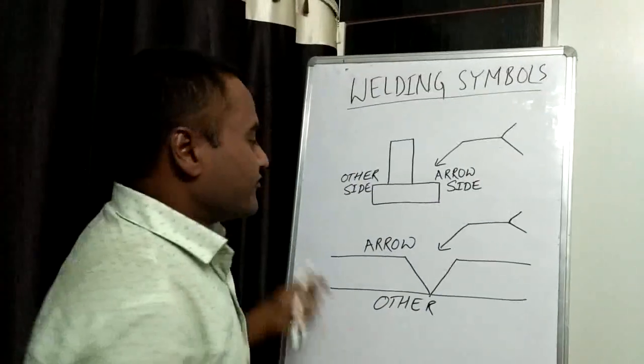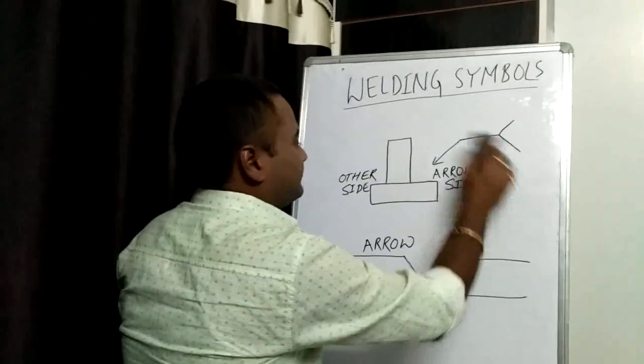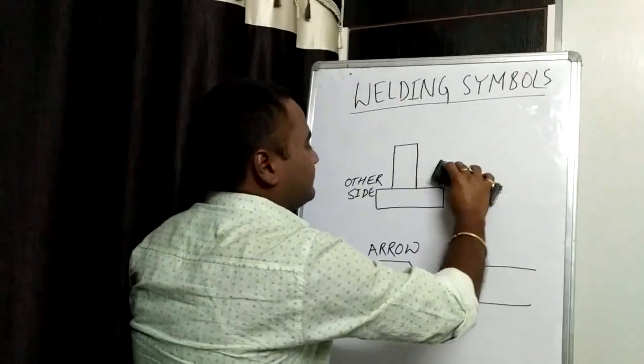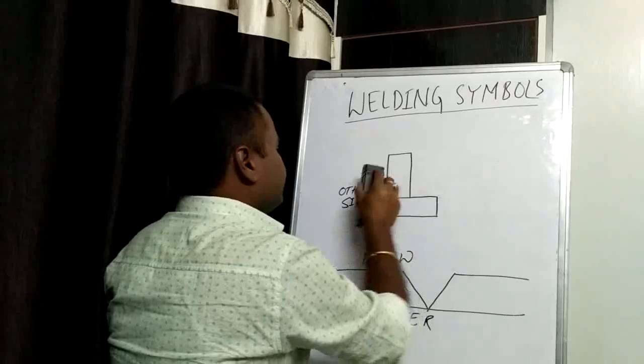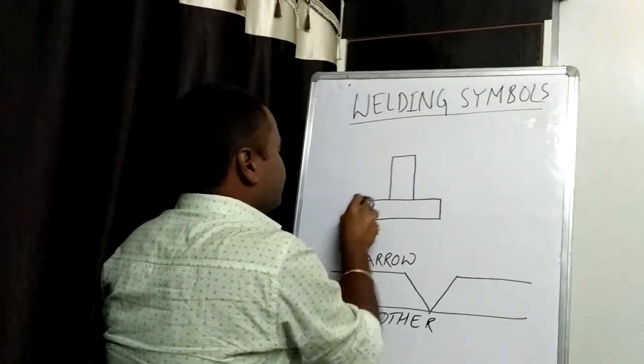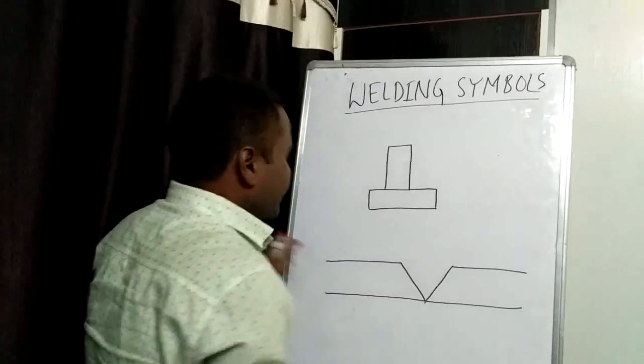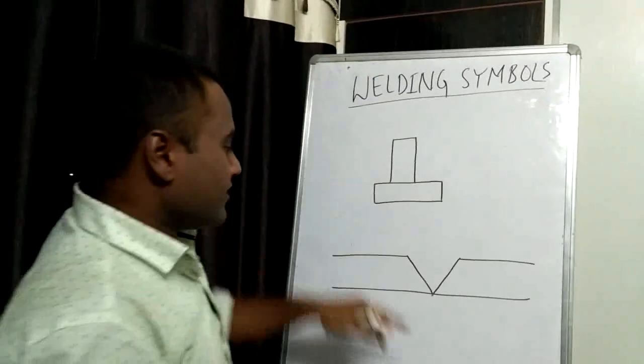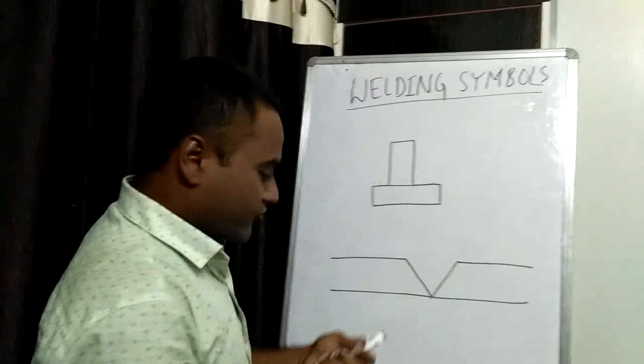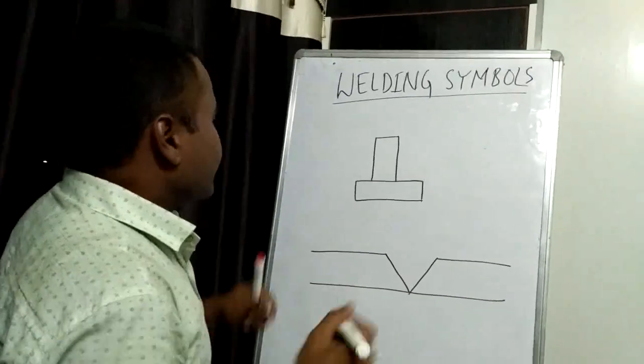Now I take one more example. So as I told you, this is a fillet joint, T-joint, and this is a butt joint, single V butt joint. Now we take an example.